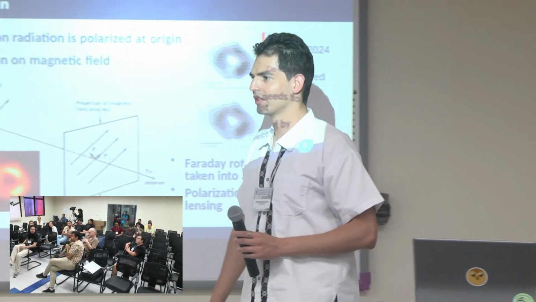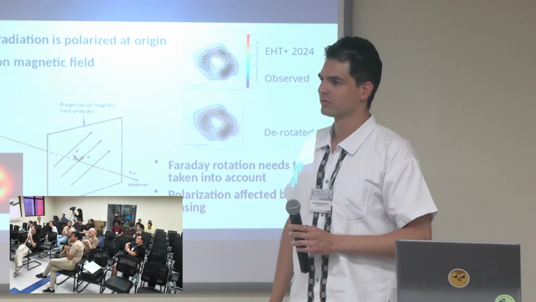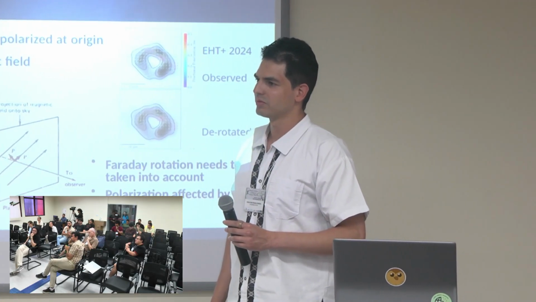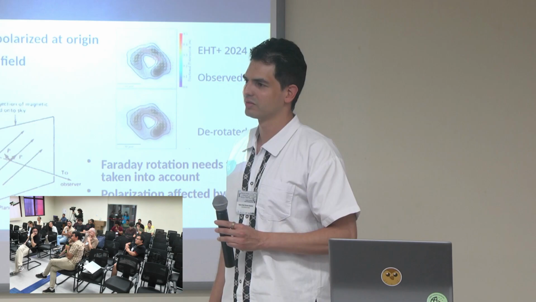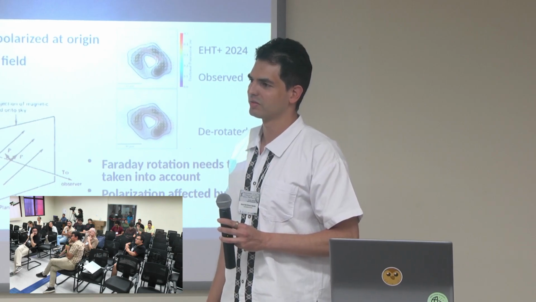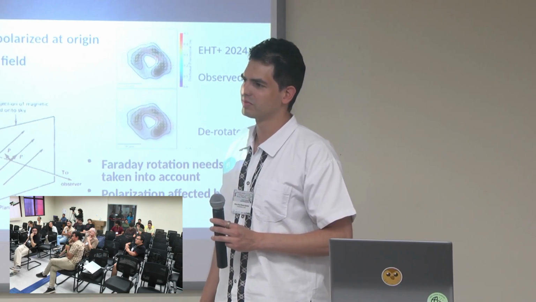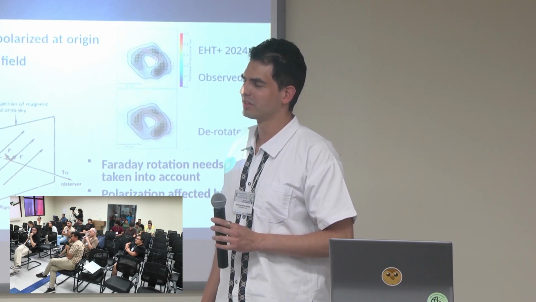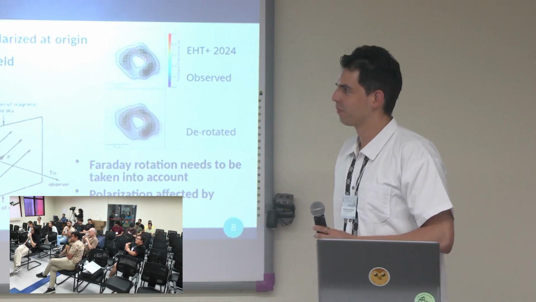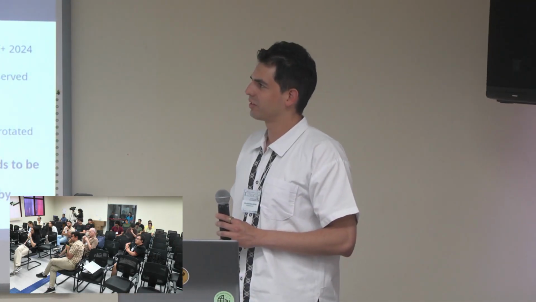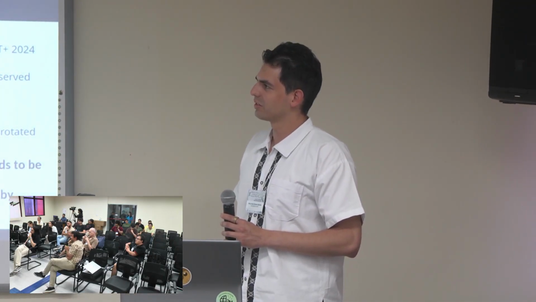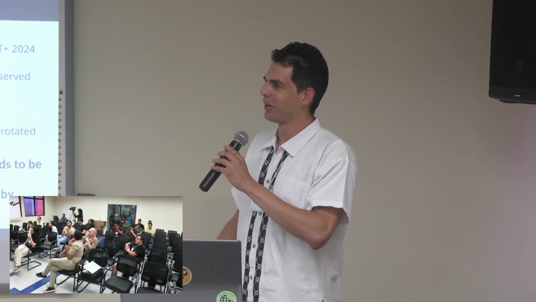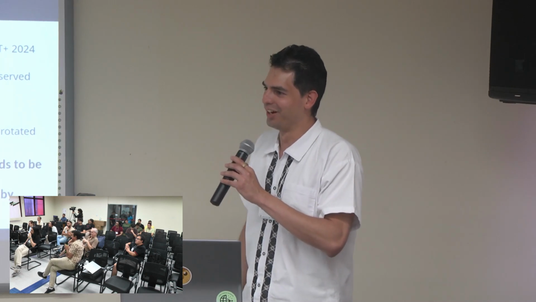So I seem to remember, I'm not sure if it was for Sagittarius A star or M87 star, that when these measurements came out, they favored the poloidal magnetic field rather than a toroidal one. Right? Am I remembering correctly? No, so I am a bit confused now.